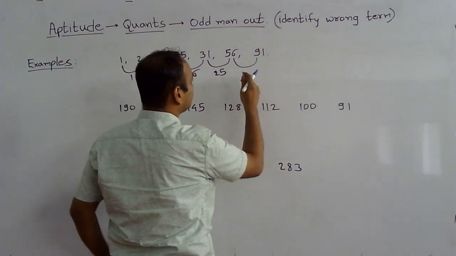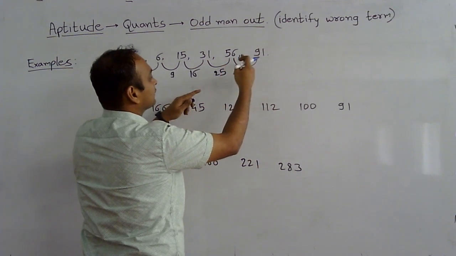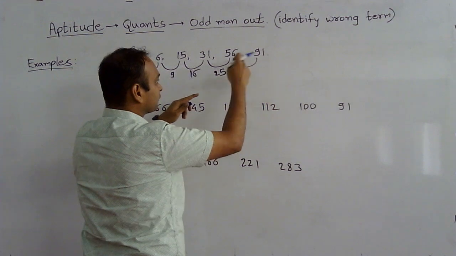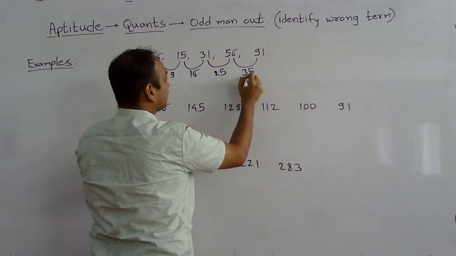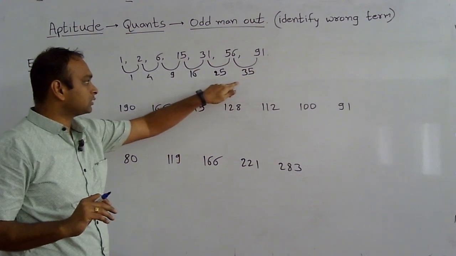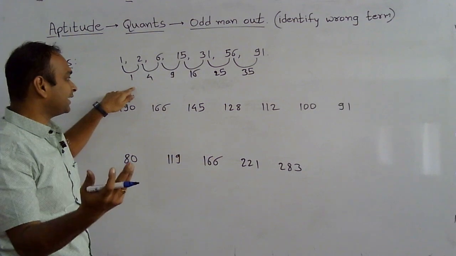And between 56 and 91, 56 plus 4 is 60, and 60 plus 30 is 90, plus 1, so 30 plus 1, 31, plus 4, 35. The difference is 35.